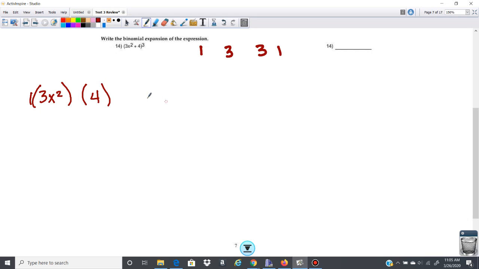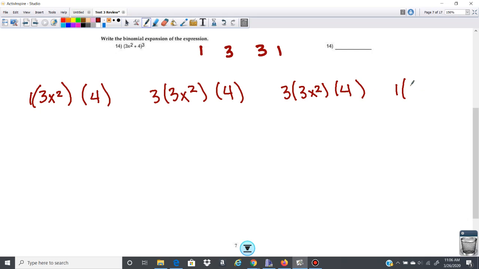We're just going to start it that way. Then your 3, your 3x squared, and your 4. Notice I'm leaving a little tiny space there. Then your 3, your 3x squared, and your 4. Then your 1, your 3x squared, and your 4. Now remember, I'm getting those numbers in the front from Pascal's triangle.